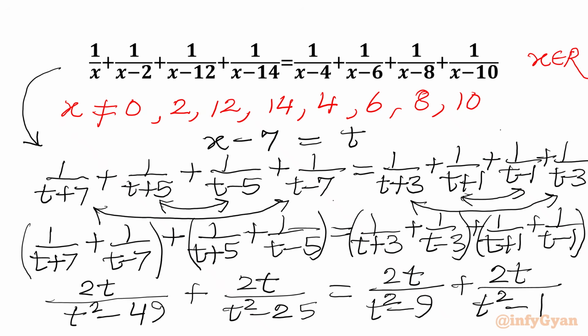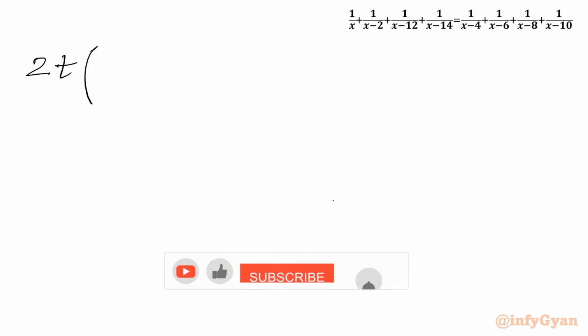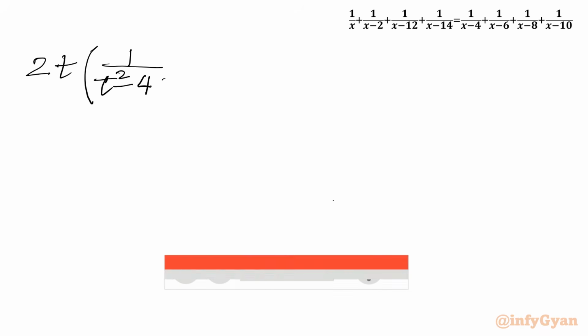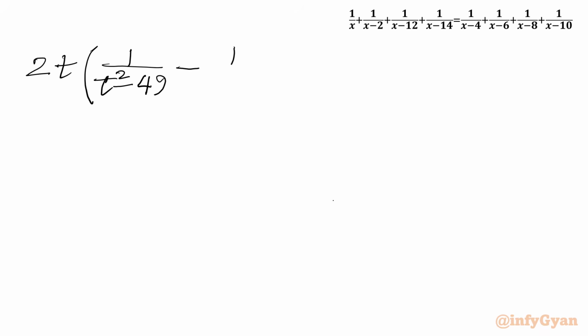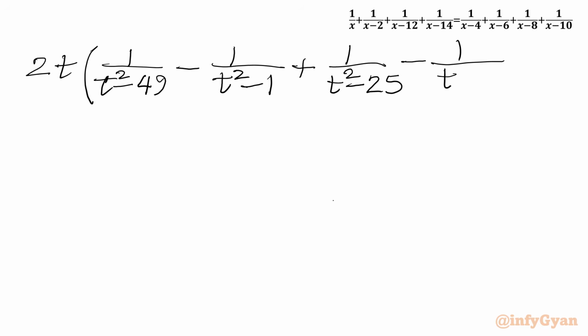Now we will take all the terms to LHS and 2t is common. So we will write 2t. In the bracket there would be 1 over t square minus 49, then we'll write minus of 1 over t square minus 1, then we have plus 1 over t square minus 25 minus 1 over t square minus 9 equal to 0.